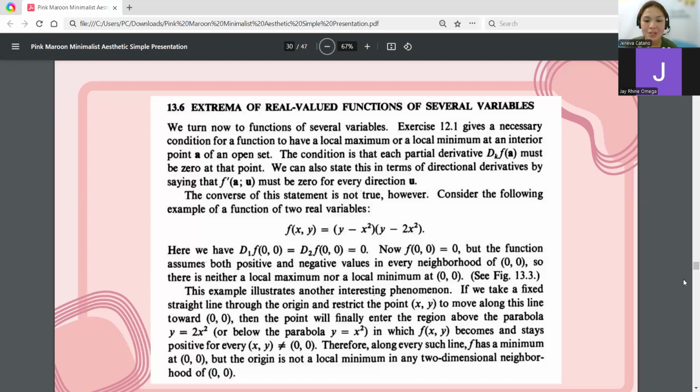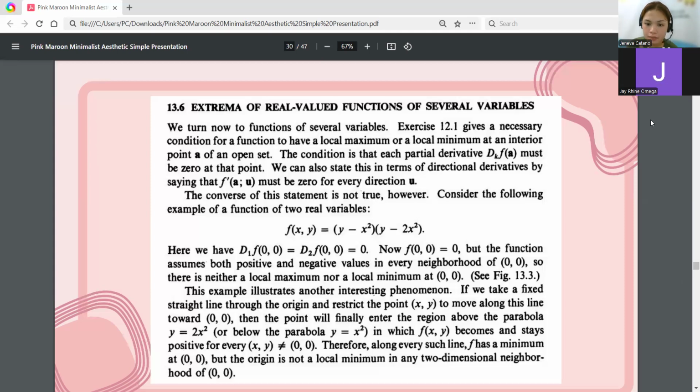This example illustrates another interesting phenomenon. If we take a fixed straight line through the origin and restrict the point (x, y) to move along this line toward (0, 0), then the point will finally enter the region above the parabola y = 2x squared, or below the parabola y = x squared, in which f(x, y) becomes and stays positive for every (x, y) not equal to (0, 0).